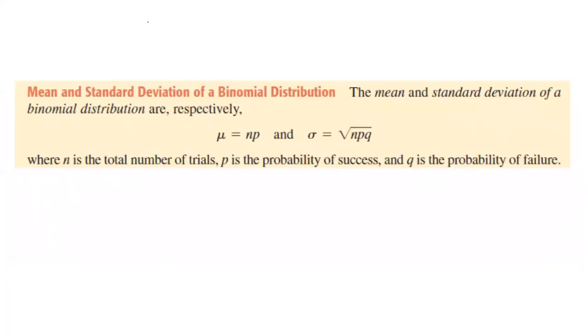Furthermore, if X follows a binomial distribution with first parameter n and second parameter p, the expectation of X, mu, is np and sigma is the square root of npq.